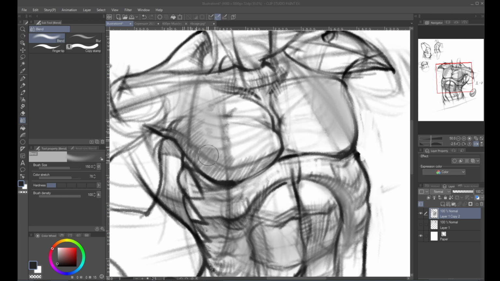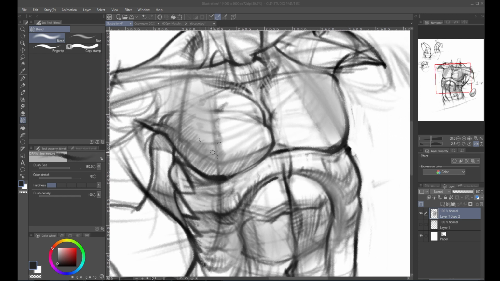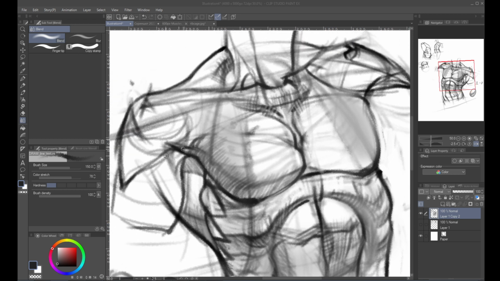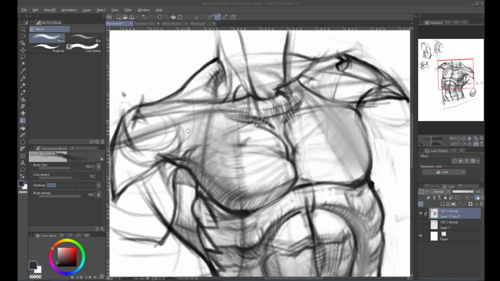Now I will apply the blend to make an illusion of a soft surface. In this way, the muscle will have volume to it, and this is something we want.